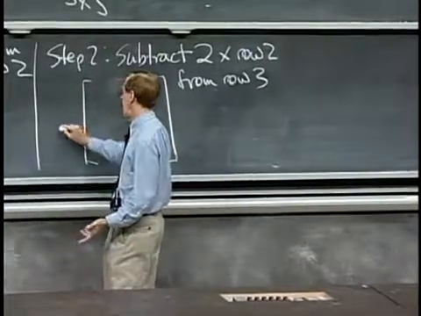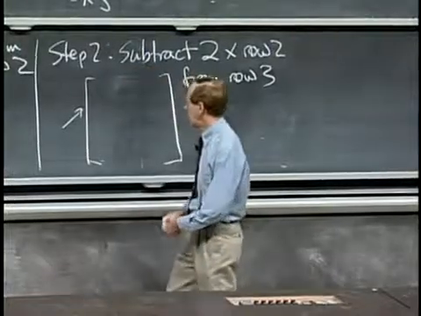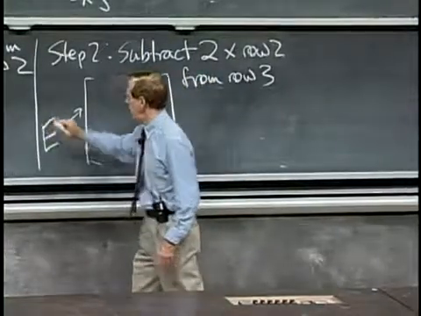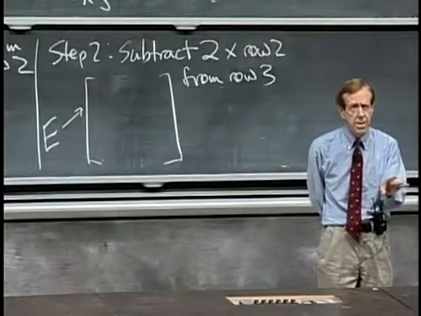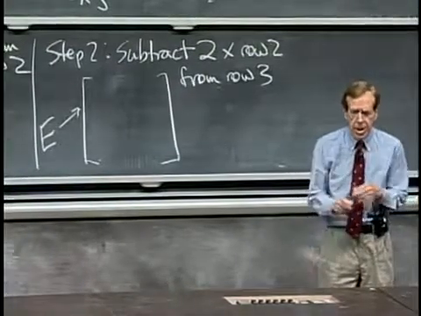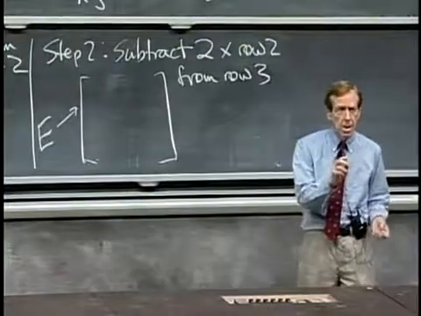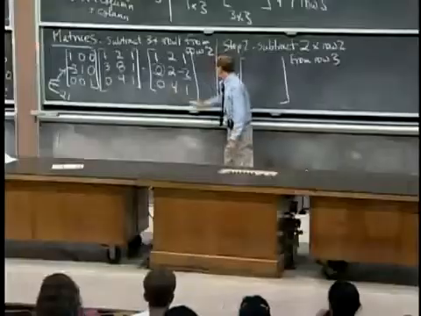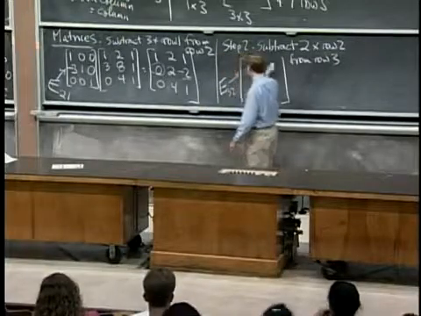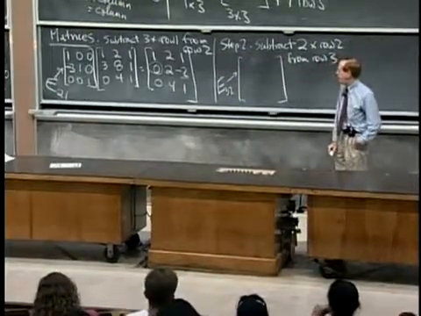And tell me its name. Okay, it's going to be E for elementary or elimination matrix. And what's the index that I use? E32, right? Because it's fixing this 3-2 position. And what is the matrix now?